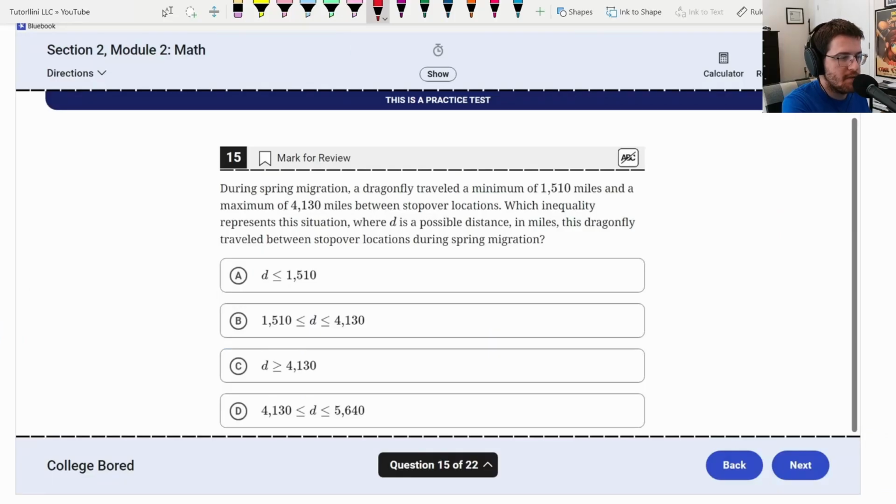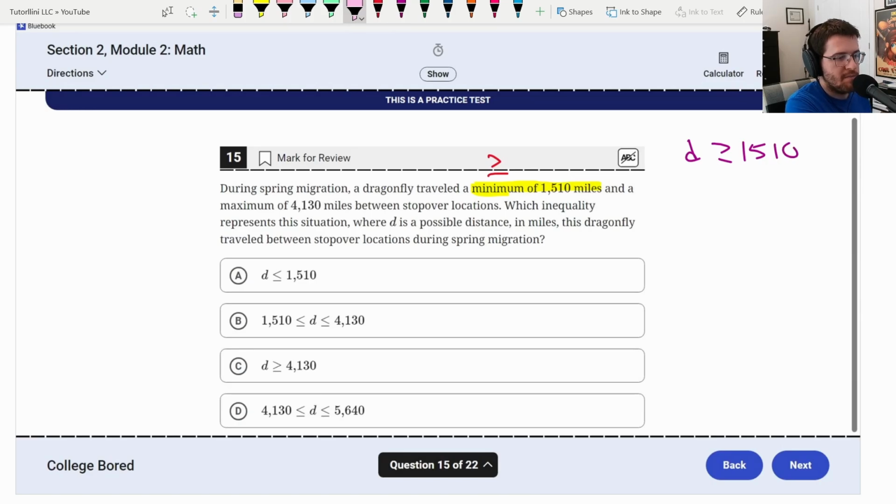Okay, question 15. So it says we've got a minimum of 1510 miles. Remember we said minimum is a key word that means greater than or equal to. So we're going to do D is greater than or equal to 1510.